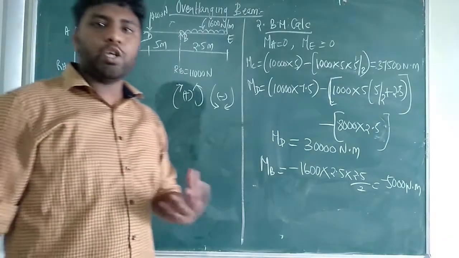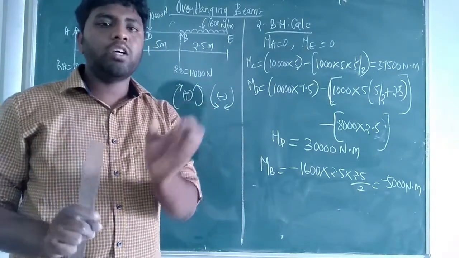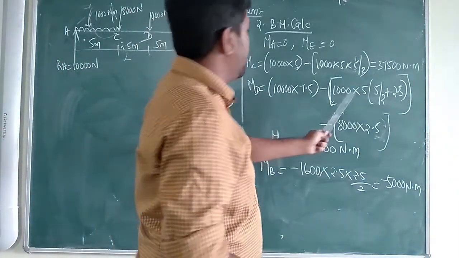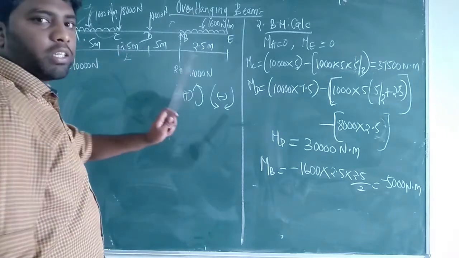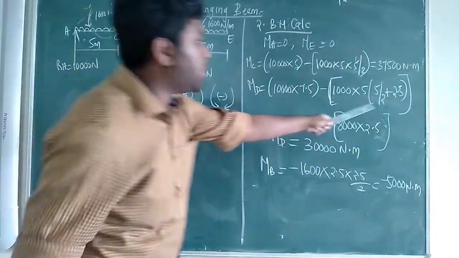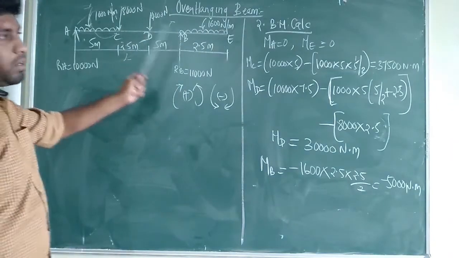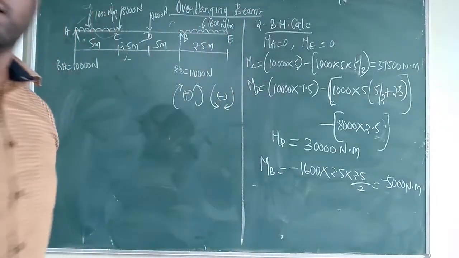While considering UDL, if there is a small portion of distance that does not come under UDL, you have to take that distance also. So 1000 into 5 meter into 5 by 2 plus this small distance up to D, that is plus 2.5. You have to calculate like this only.